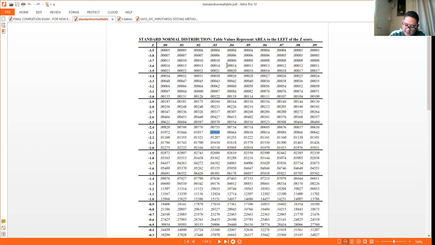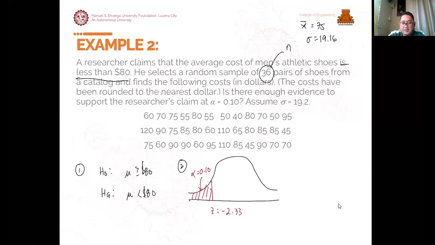Negative 2.33 is the critical value of z. Going back, I've put negative 2.33 here. This is our critical value.